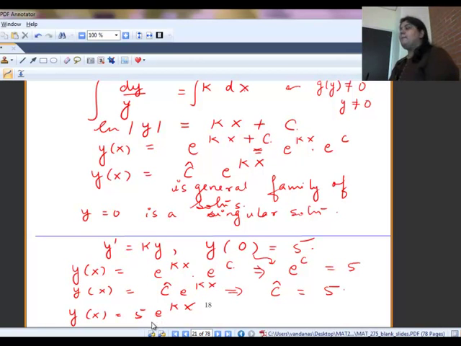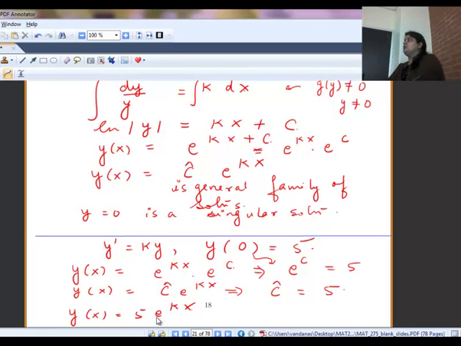Okay. So now if e to the power c is 5, then what is this little c? ln of 5, right? And if you plug ln of 5 in here, you will again get 5 e to the power kx. So whichever form of a constant you take doesn't matter.